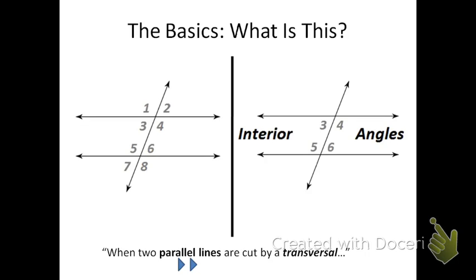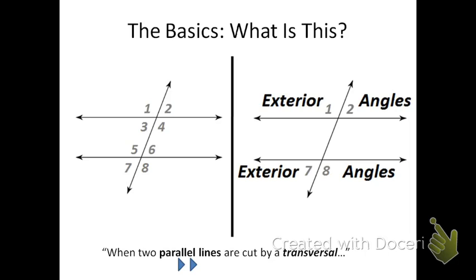But in the future, I will show you examples where maybe they're not parallel. Also, please remember that the interior is between the two lines versus the exterior, which is outside of the lines. It's not quite a box here, so thinking outside the box, yeah.